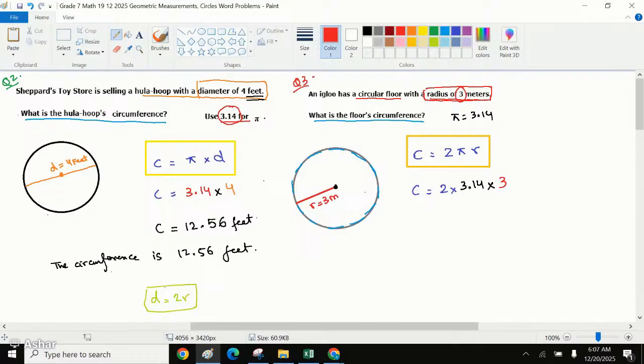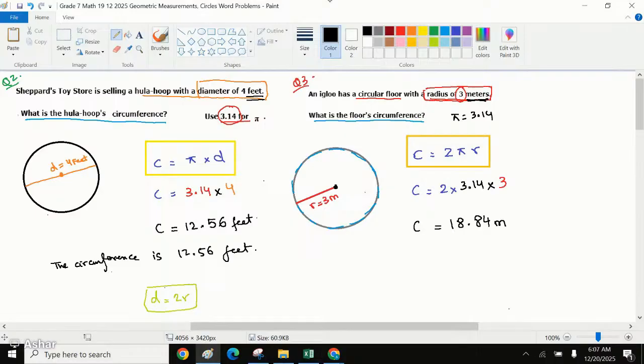Okay, so when we multiply them together, can we say the answer comes out to be, when we put the values into the calculator, 18.84, and the unit we were using was meters.